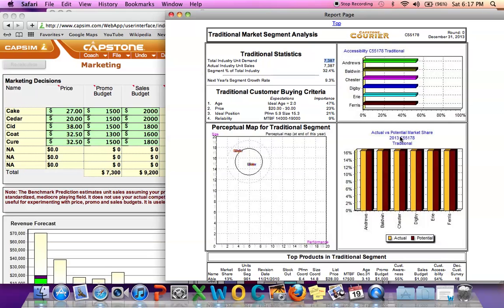Usually your potential will be a little bit greater than your actual, or vice versa, okay? So what you want to do is see what your potential market share was, and that's going to show you really what you could have gotten the past year, and that's a useful tool that you can use to gauge what you think you might get next year.